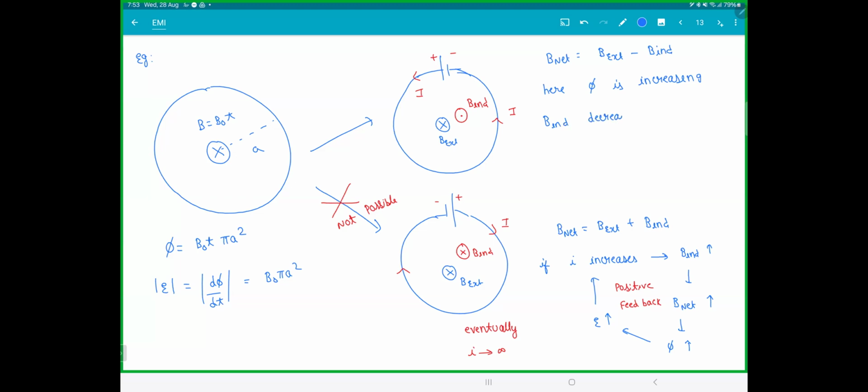Therefore flux decreases. These kind of systems are called negative feedback loops. This is a full course in mechanical engineering. All mechanical systems, when you make robots or fighter planes or anything, there are all negative feedback loops.